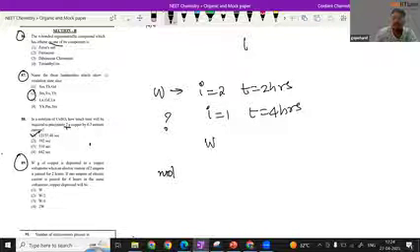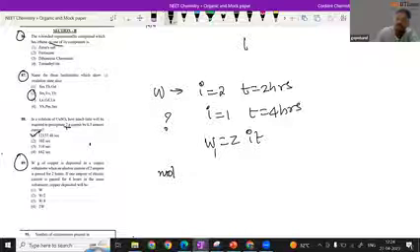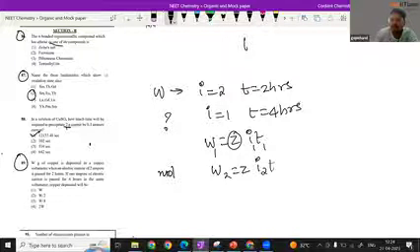We know that W is equal to ZIT is the relation to find the amount of substance deposited. Since it is the same voltameter, Z will remain the same. So W1 is Z into I1 into T1, and W2 is Z into I2 into T2.